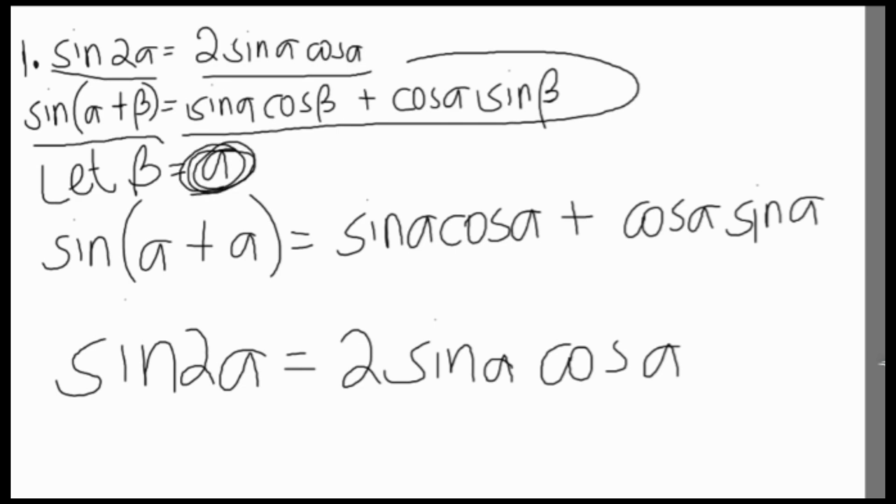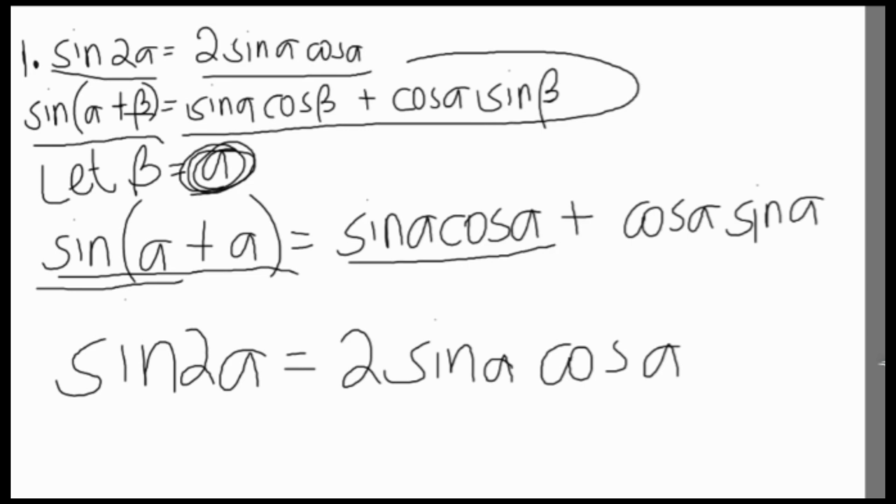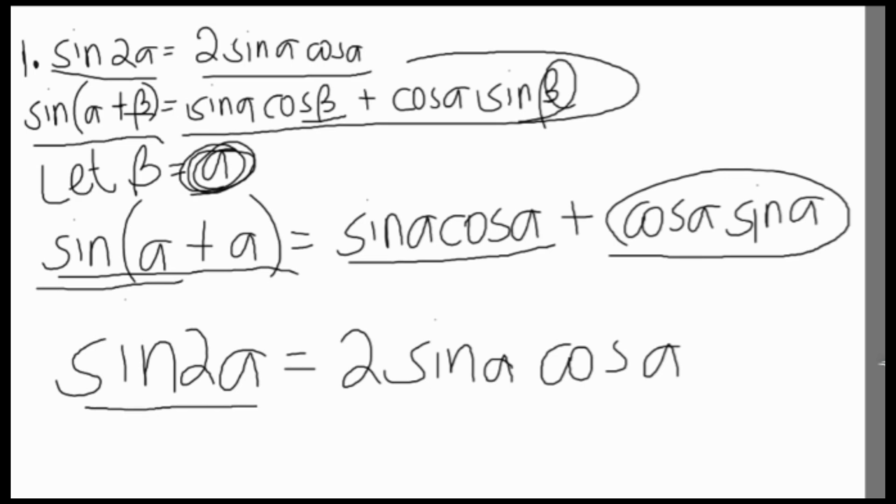So sine of alpha plus alpha is equal to sine of alpha cosine alpha, then cosine of alpha and sine of alpha. Then we add the alpha, which is sine of 2 alpha is equal to 2 sine of alpha and cosine of alpha, which is how we came up with this formula.